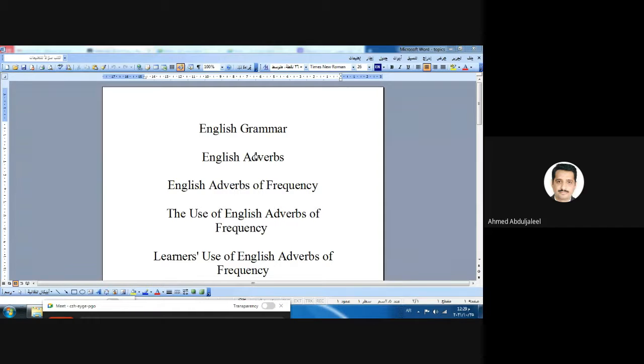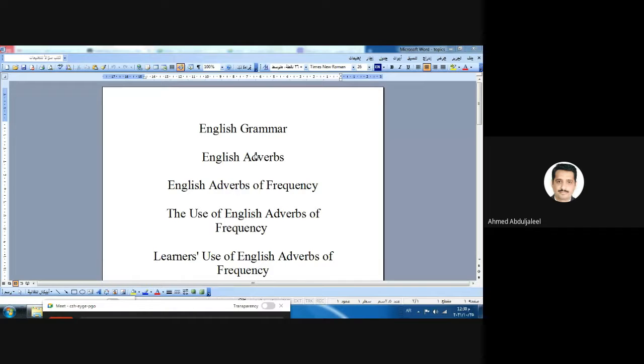So we select one type of adverb. Is it suitable now to write about? Still. We said English adverbs of frequency. What to do with them? What are we going to study about them? We are going to include another word, that is the use of English adverbs of frequency.